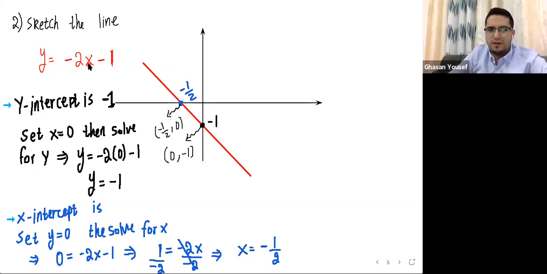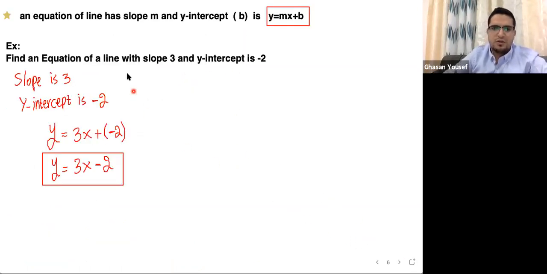If we don't have a slope, the line will be vertical. Also, if the equation gives you the slope and the y-intercept, you should know the formula directly: y equal m times x plus b.